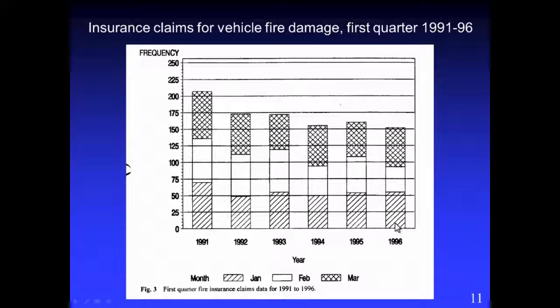There's no pattern by month, and there's nothing unusual going on in terms of the number of motor vehicle fires for which claims are made. And you can expect claims to be made. If somebody's car catches on fire, then they are going to make a claim. So we felt that these data were pretty robust.